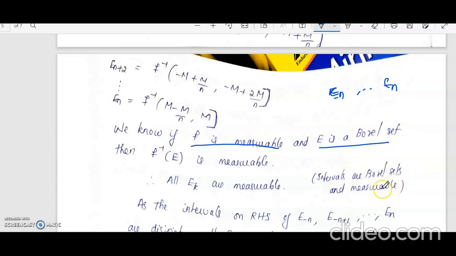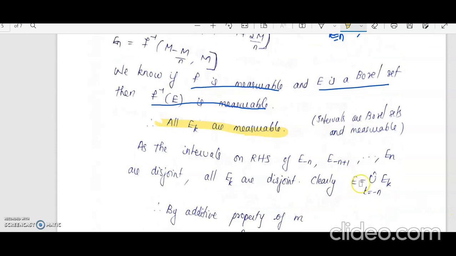So they are going to be Borel sets. They are intervals, so they are measurable. And f is also measurable. So by the result, f inverse of E will be measurable. So we can conclude that all the Ek are measurable. So all the Ek will be measurable.